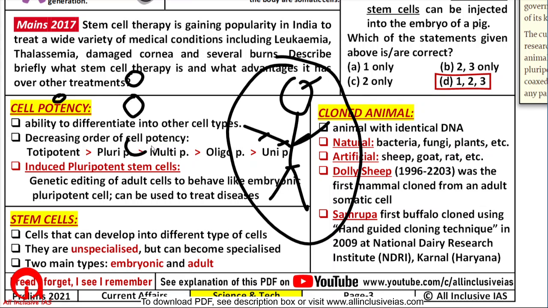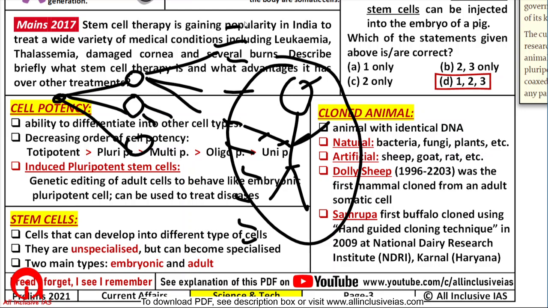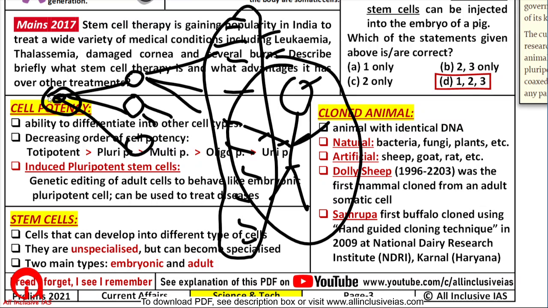From that single cell, many cells were created, then many cells were created, and so on and so on. Finally, today suppose you have 10 different type of cells in your body. So all these 10 different type of cell, heart cell, brain cell, and all such cell, they actually originated from a single cell, right? So what is potency?